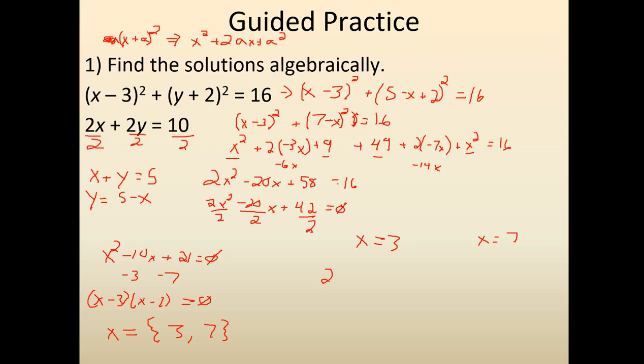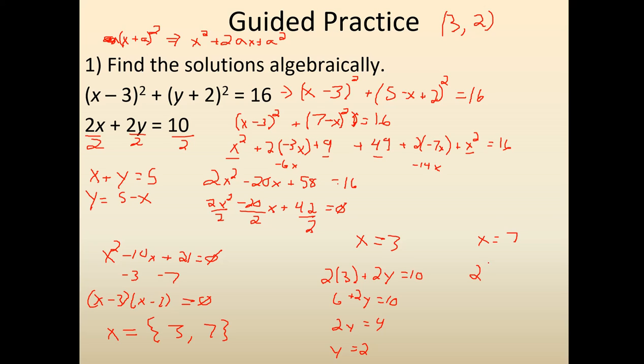So it's going to be 2 times 3 plus 2y equals 10. 6 plus 2y equals 10. 2y equals 4. y equals 2. So one of my solutions is going to be when x is 3, y is 2.